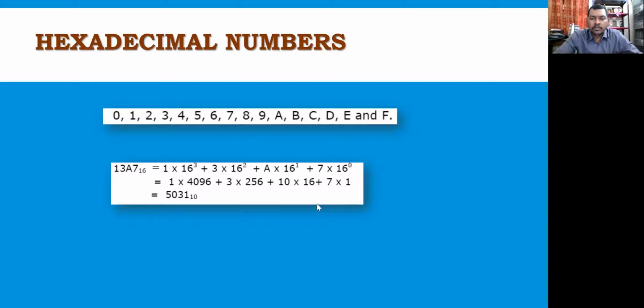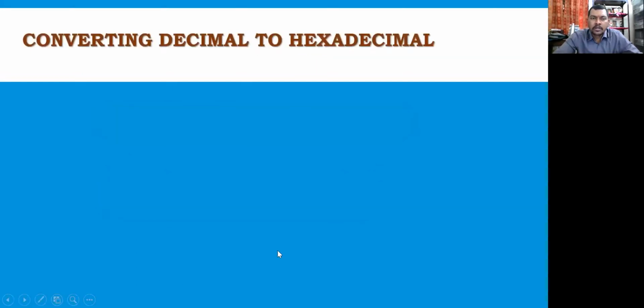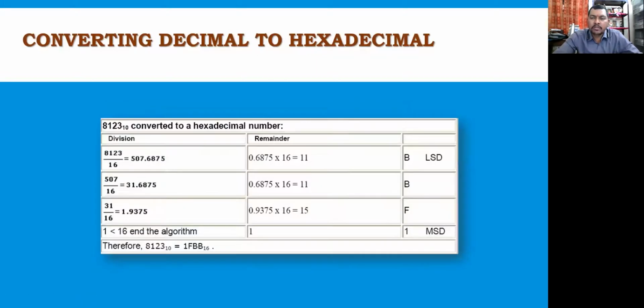Similarly, whenever we need to convert decimal to hexadecimal, again we will use the same sort of method that we used in the binary conversion, but the change is we have to divide the decimal number by 16. So 8123, here we have divided it by 16, and we will save the remainders.